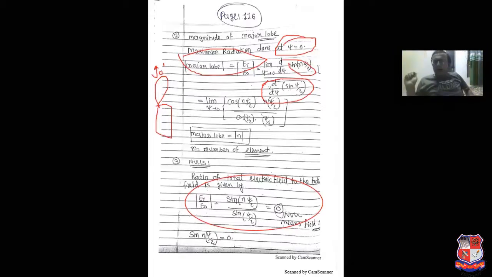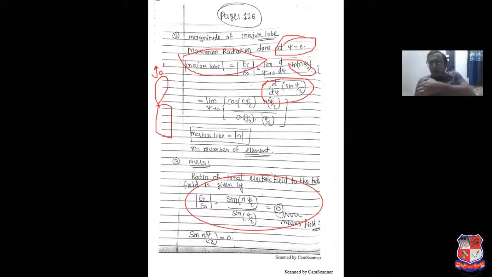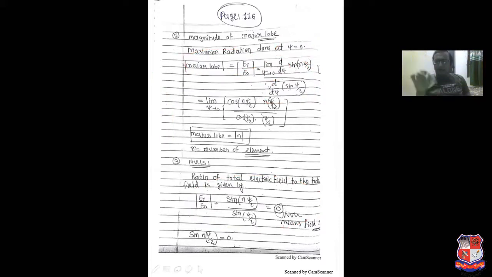If we want to obtain the maximum value, at that time it is required to take the first derivative, which is equal to 0. So what is the derivative of sine function? It is cos(nψ/2) into n/2, divided by cos(ψ/2) into 1/2. And if we put ψ equal to 0, cos 0 equals 1.